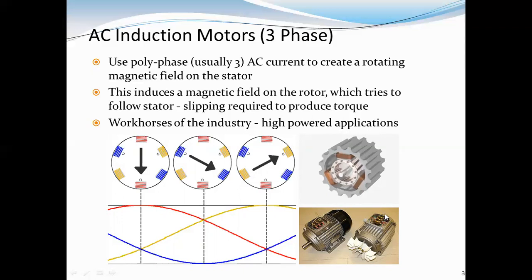In industrial sectors, we run most of the loads with the help of the three-phase induction motor. This shows the three-phase supply system, that is RYB, the red, yellow and blue color codes, with a displacement of 120 degrees.